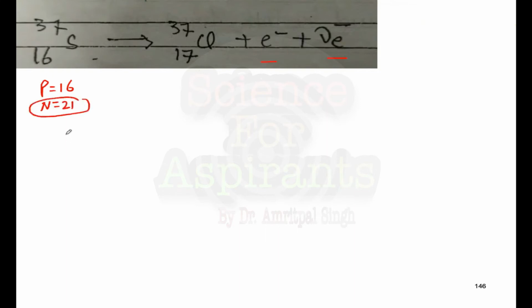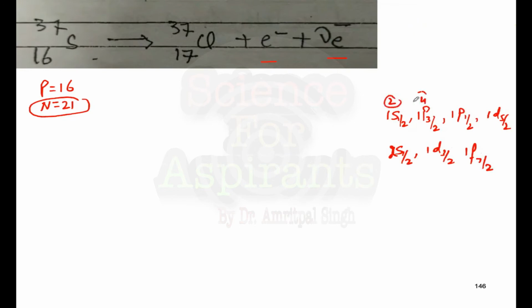So you can calculate. So it is coming in the, I will write it here, 1s1/2, 1p3/2, 1p1/2, 1d5/2, then it is in the 2s, then it is in the 1d3/2, and it is in the 1f7/2. 2, 4, 2, 6, 2, 4, and in this there are 8.